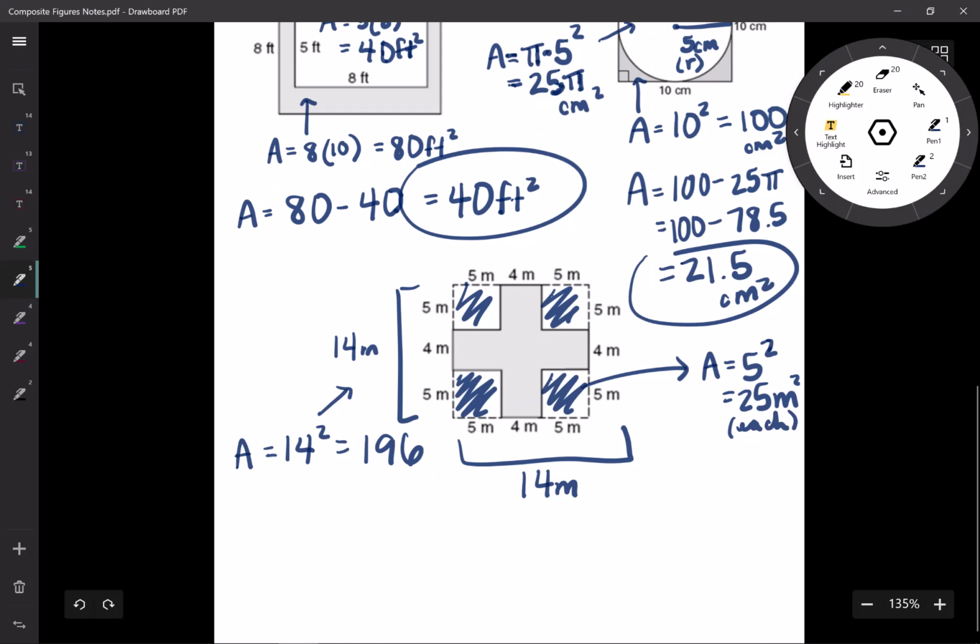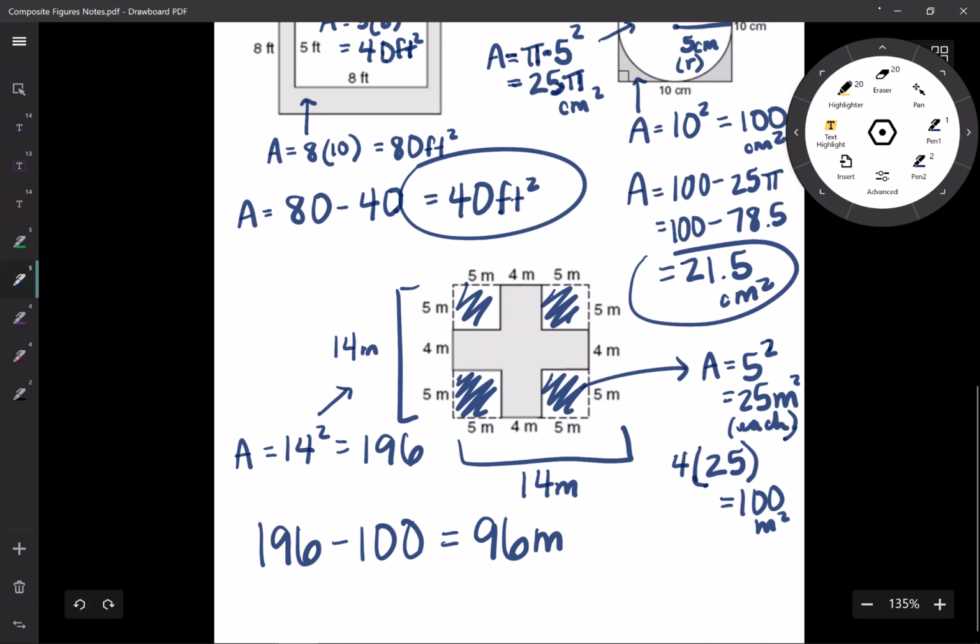And since there's 4 of them, I can multiply 25 by 4, and then I get 100. So 100 meters squared is the amount of the unshaded. So I would just do 196 minus 100 to get my final answer of 96 meters squared.